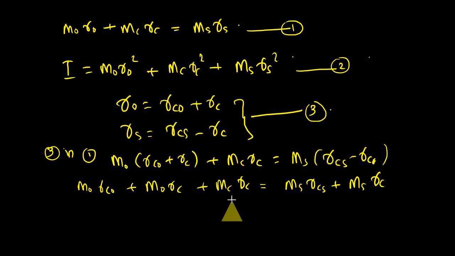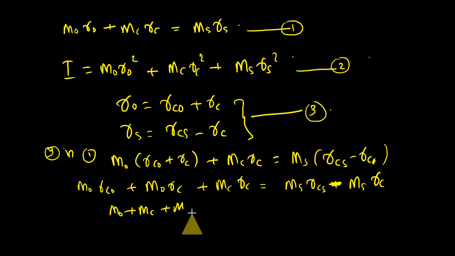And therefore, let me pick the terms with RC together. This one has RC, this one has RC, and this one also has RC. So all the terms with RC come together, then we get MO plus MC plus MS. This was minus, so MS into minus RC.